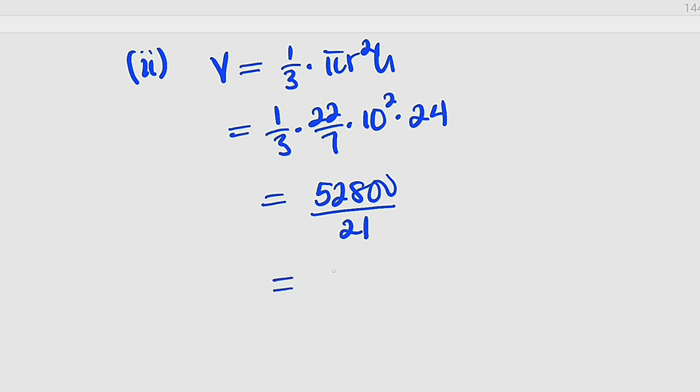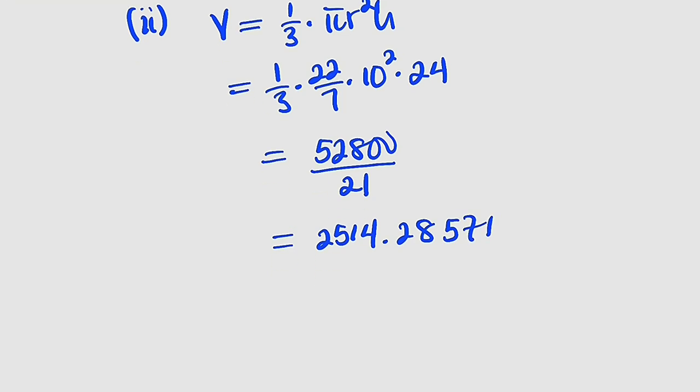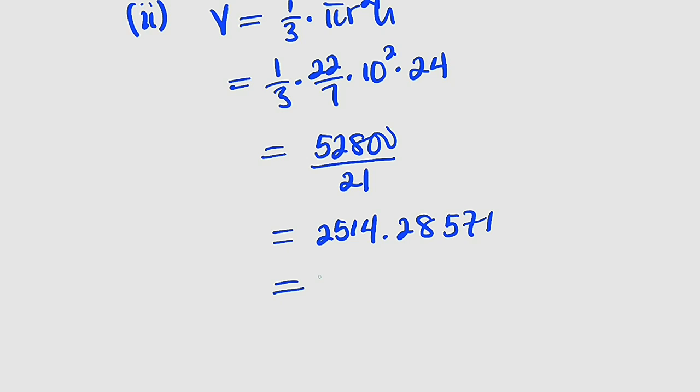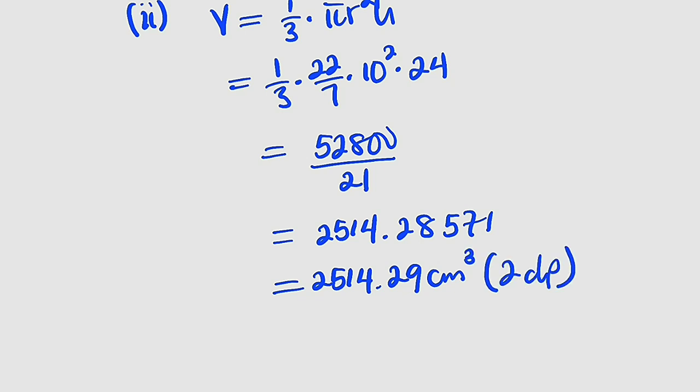And if you divide this, you're going to get 2,514.2857 and so on. But this is to be in 2 decimal places. So this will be 2514.29 cm cubed. You can even write it here in 2 decimal places.